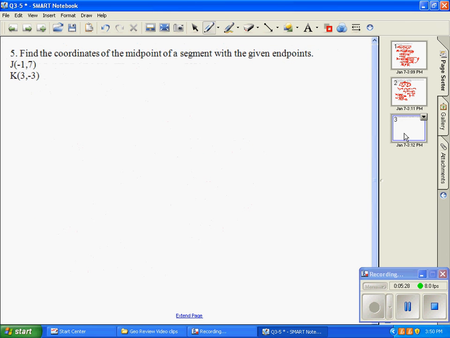Problem number 5, find the coordinates of the midpoint of the segment with the given endpoints. So we have J and K, and we want to find the midpoint using the midpoint formula. So remember, the midpoint formula equals (x1 plus x2) over 2 and (y1 plus y2) over 2.